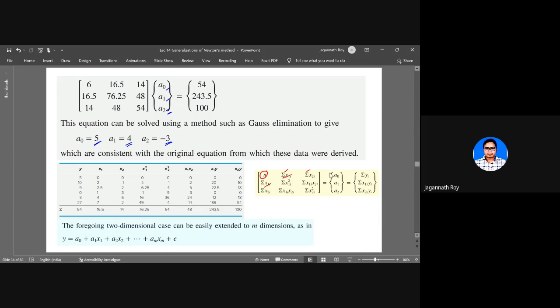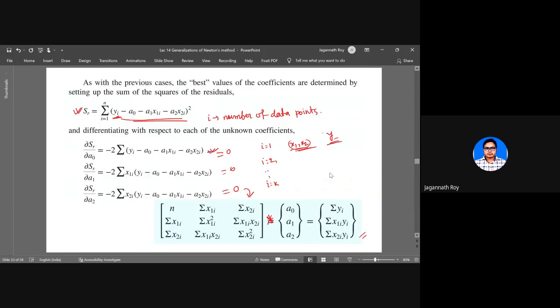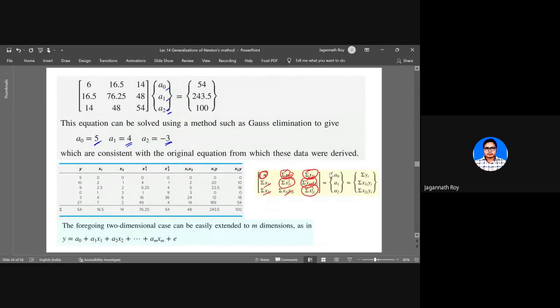This one and this one are equal, this one and this one are equal, this one and this one are equal. So we have to calculate, n is the number of data points. This is 1, 2, 3, 4, 5, and also the right hand side 6, 7, 8. So 8 quantities we have to calculate.